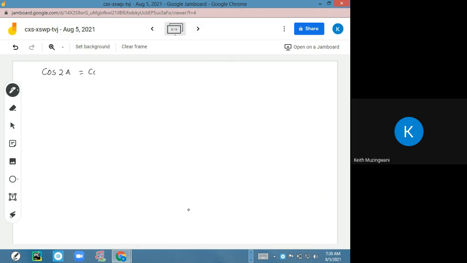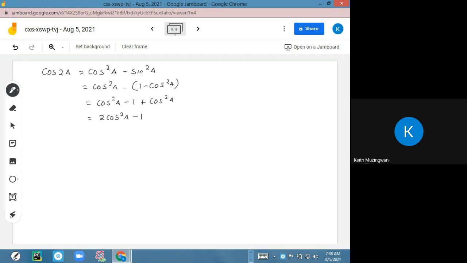is equal to cos squared a minus sine squared a. Now let's change. Where there is sine squared, we put 1 minus cos squared a. Here we have cos squared a minus 1 plus cos squared a, meaning that we'll have 2 cos squared a minus 1.